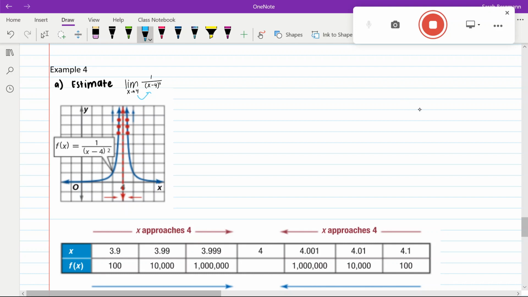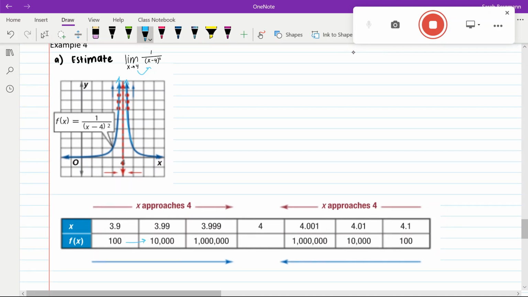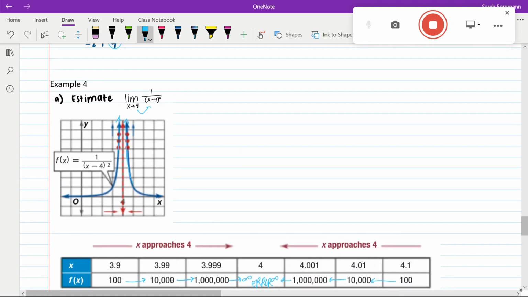And if we're looking as x approaches 4, our y values are going up on both sides, the left and the right. So remember, in this case, we would say that these y values are approaching infinity from the left and from the right. Even though if you plugged in 4, you're going to get an error, we can still say that this limit is equal to infinity.